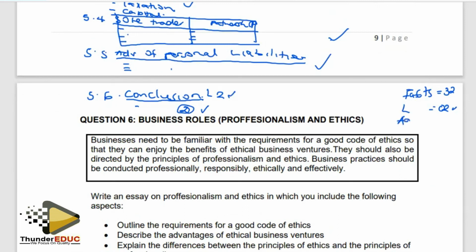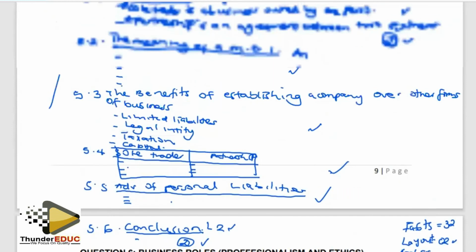Analysis is how we have broken down a question into a simpler way so that we can understand it. For example, when we said differences between sole trader and partnership, we are analyzing.